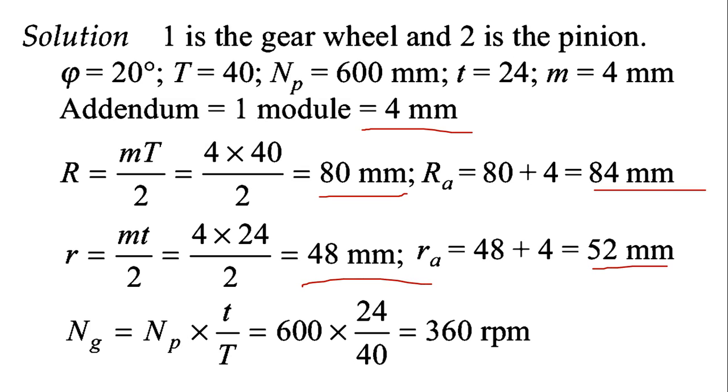With the gear ratio, the speed is given as 600 for one gear, so from there you can calculate the RPM for the other gear. So you get the speed of the gear as 360 RPM.